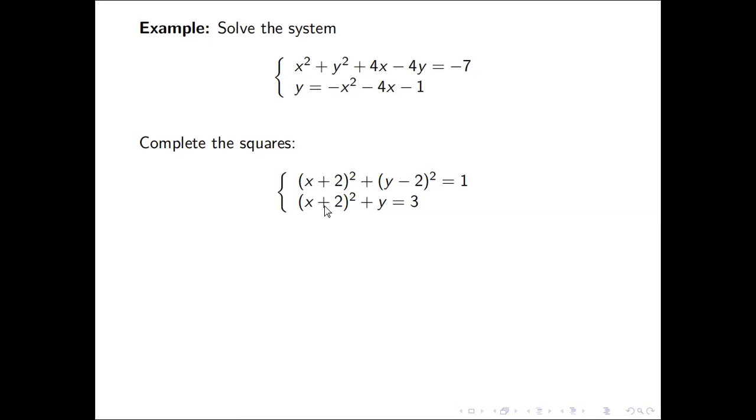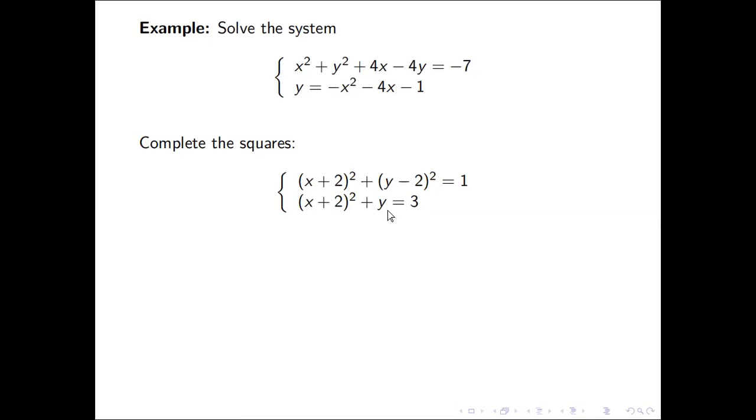And then the other, (x + 2) squared plus y equals 3. And observe that upon doing so, we have a common term, (x + 2) squared, which if eliminated would result in an equation in just one variable, y.